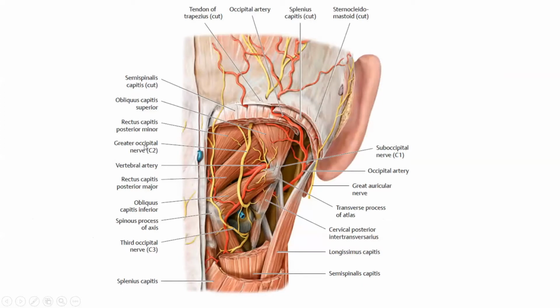It is the posterior ramus of the spinal nerve from the segment C2, and it innervates the skin of the backside of the head region, continuing toward the vertex. It means upward, and then after the vertex anteriorly, it's the territory of the trigeminal nerve, which in the next slide I'm going to show you.